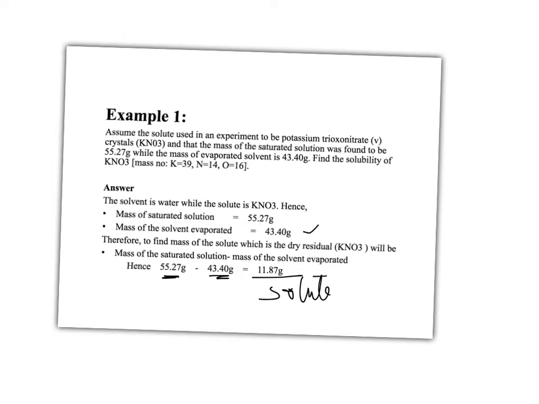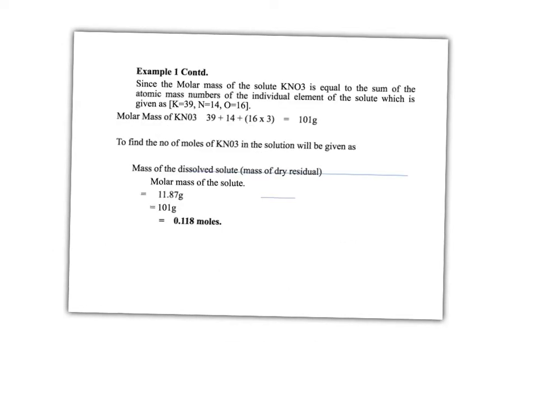With the mass of the solute, you can simply use the formula: mass of the solute over the molar mass of the solute times 1000 cm³ over the volume. If you plug it in straight away, you get your answer, which is 2.7.